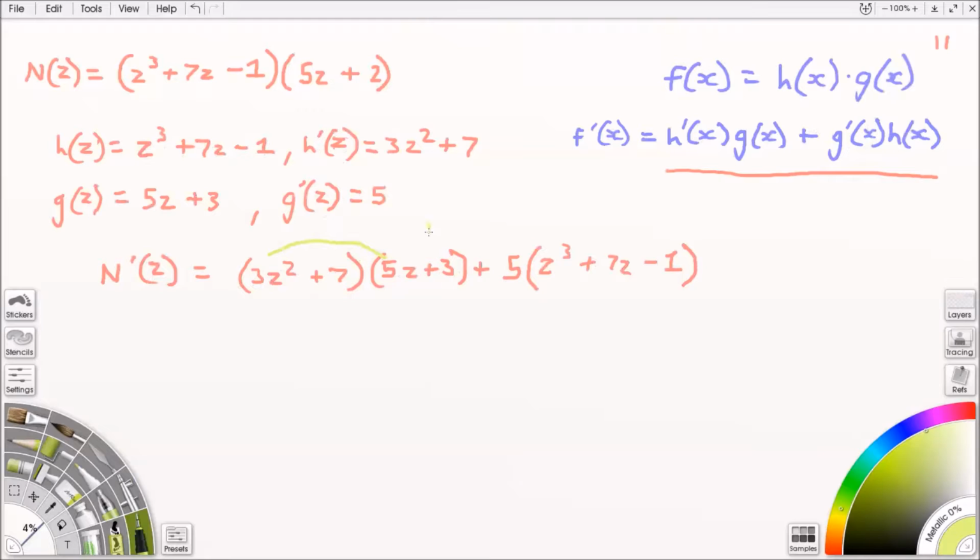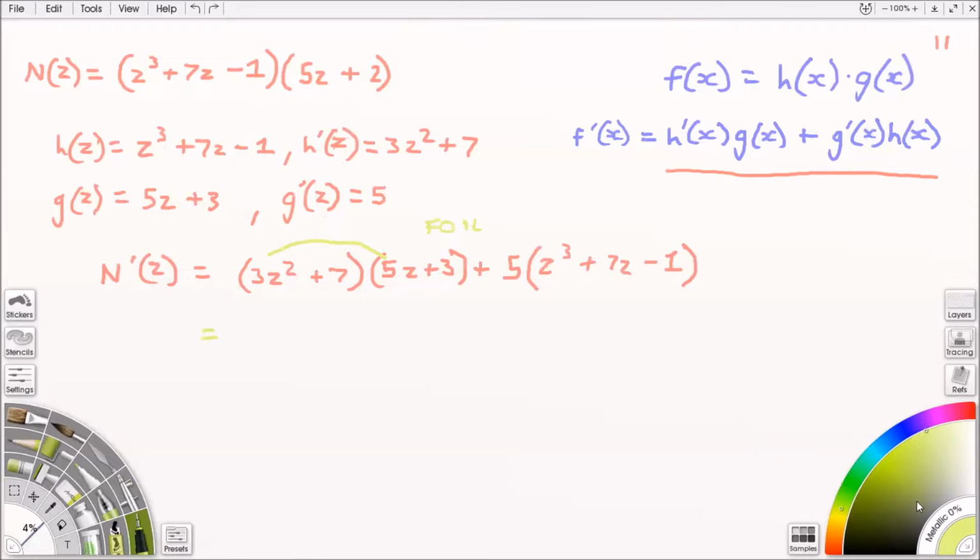So for this, I'm going to use FOIL for this first term. To simplify this, now we multiply the first term. So this here will give us 15z squared.